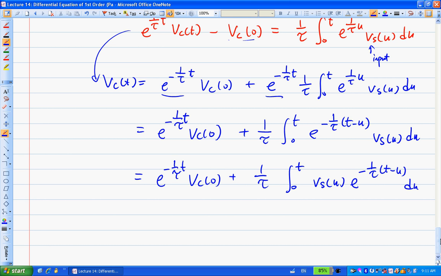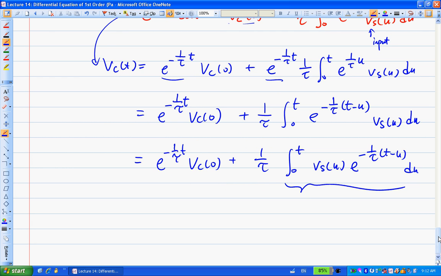I want you to observe this integral right here. What does that remind you of? Somebody says? Convolution. Exactly. Which one is convolving which one?